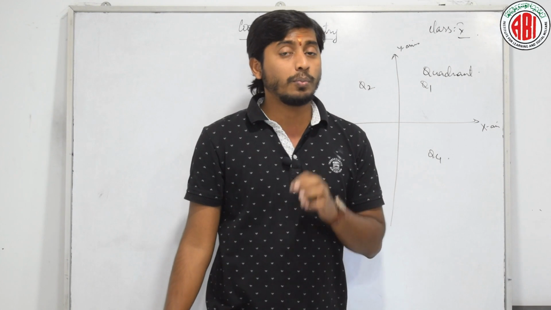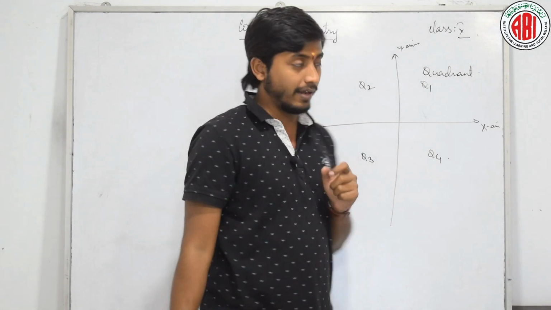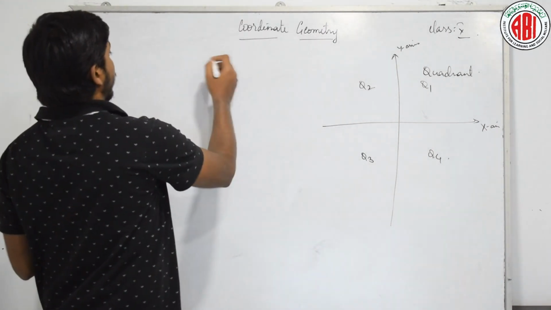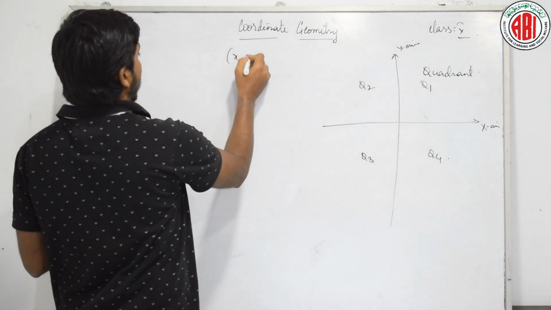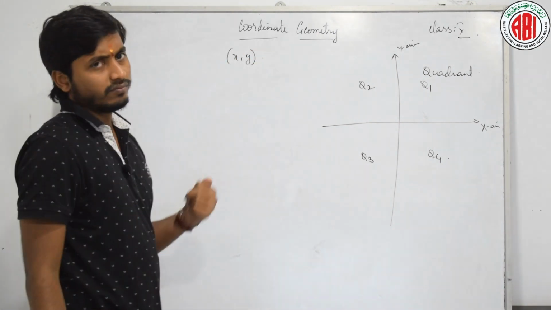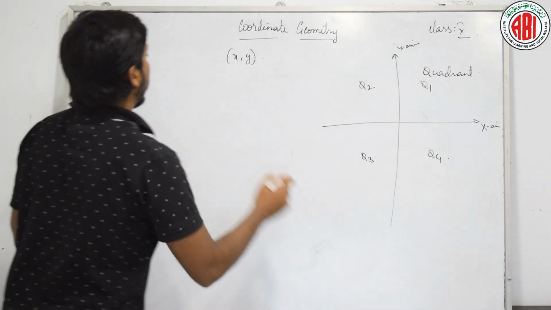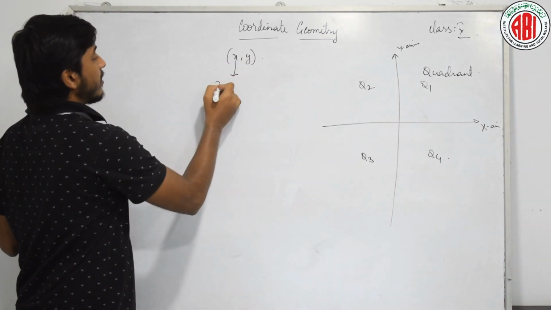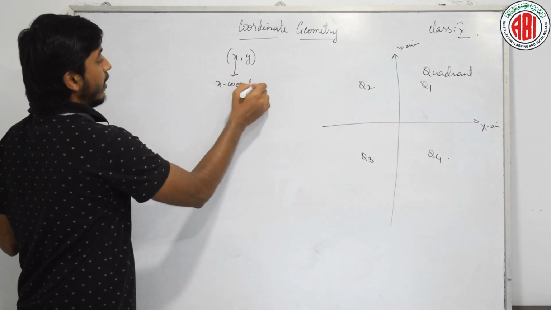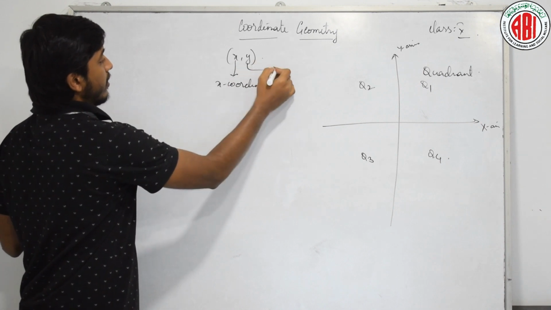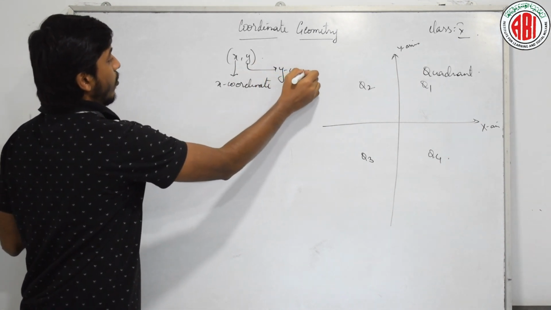Then how do we point particular coordinates? For example, the coordinates are in the form of x comma y. That is the general form, right? This is called the x coordinate and this is called the y coordinate.